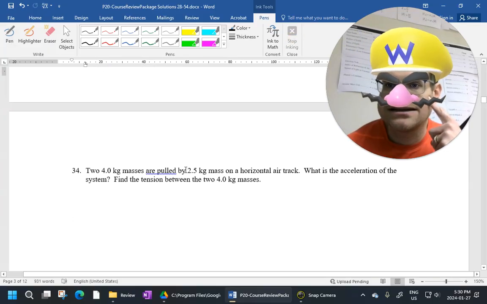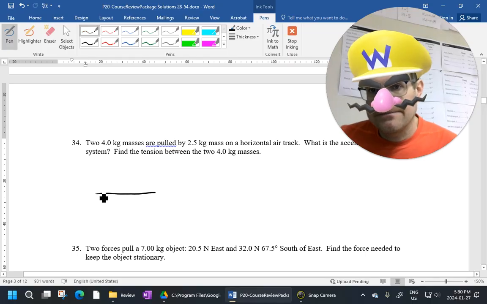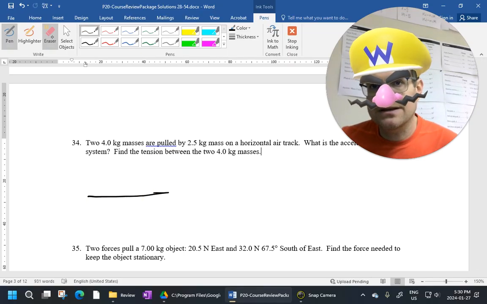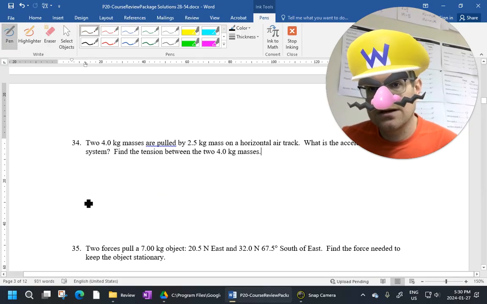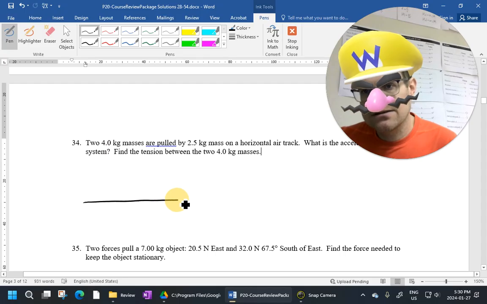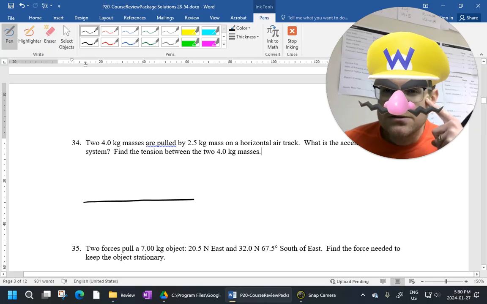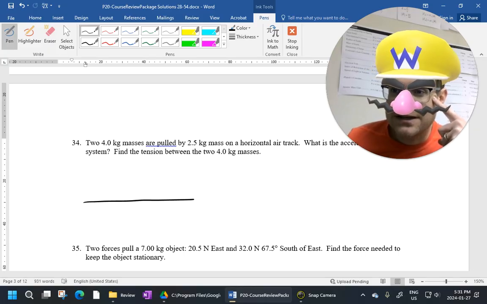The reason I moved upwards is because the cursor is in the wrong spot. That line disappeared on me. Let me just draw a new line. So we have these two blocks. Two 4 kilogram masses are pulled by a 2.5 kilogram mass.